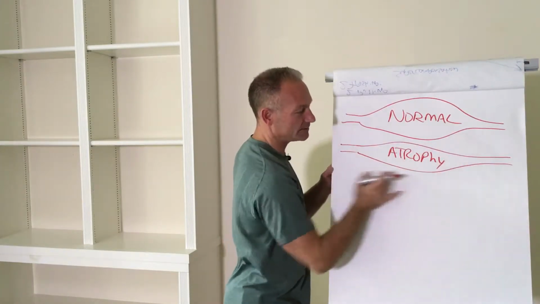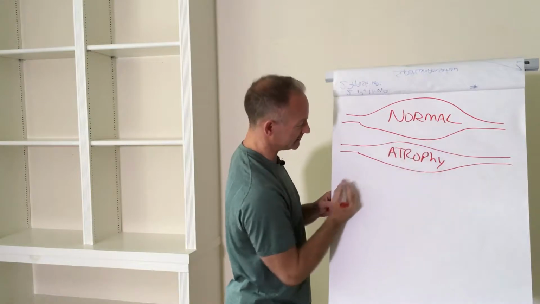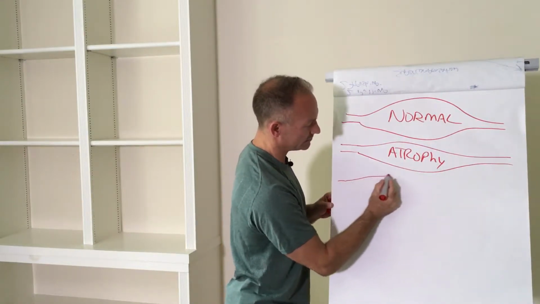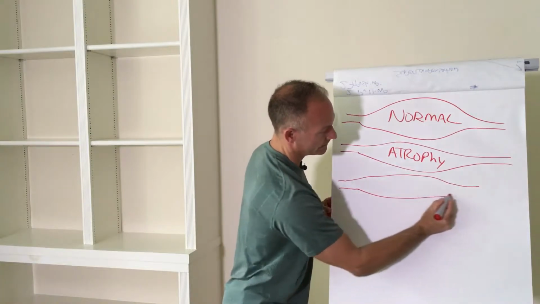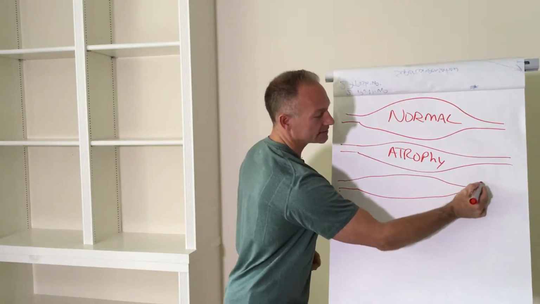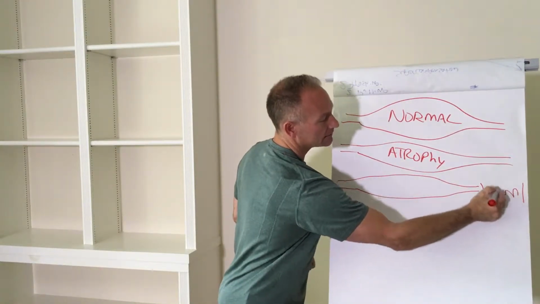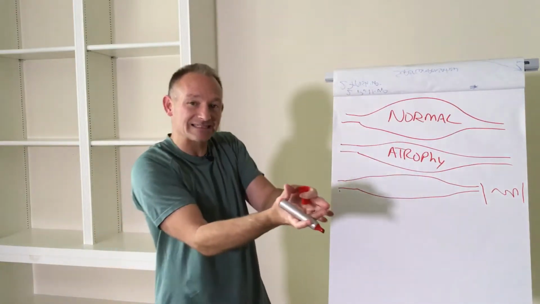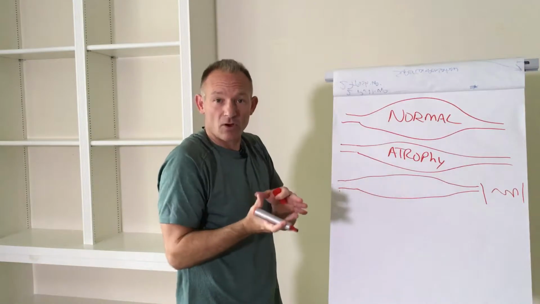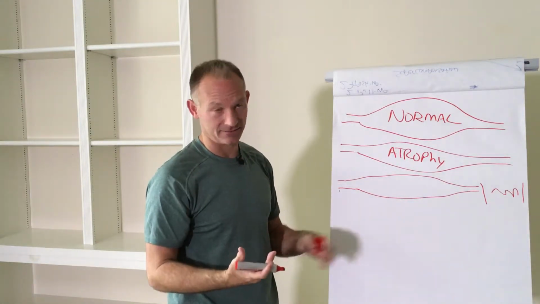It actually becomes shorter. So now this tissue now turns into this tissue. And now we've lost some range of motion. This tissue now becomes smaller, and it's limiting our range of motion.